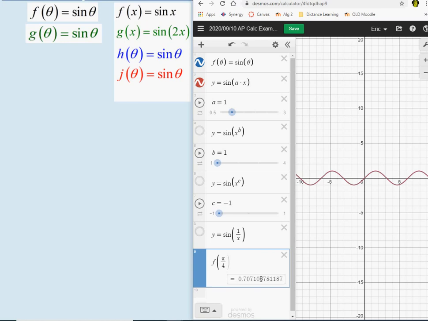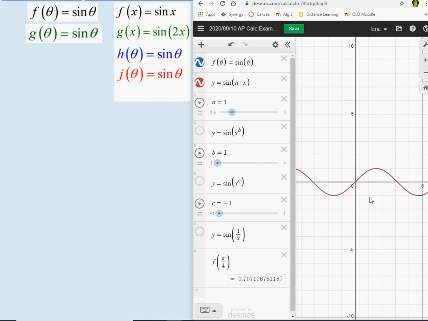Oh man, the trig brain cells kind of atrophied over the summer, it looks like. So sine of pi fourths is just square root of 2 over 2, right? So that's the output. And if I were to go over to pi fourths, I would find that I'm at a point square root of 2 over 2.